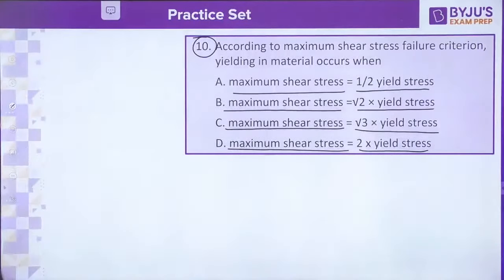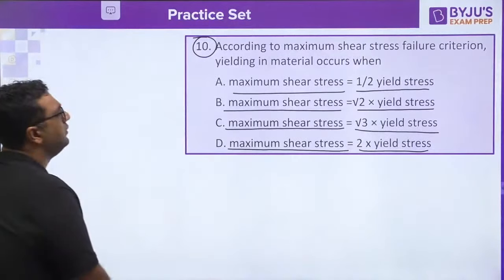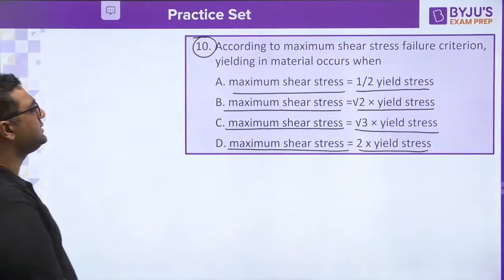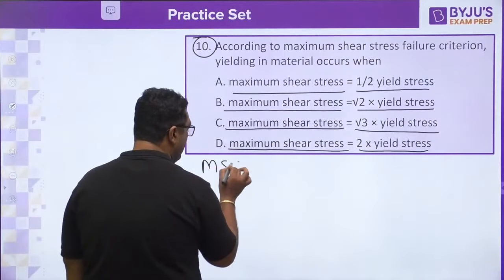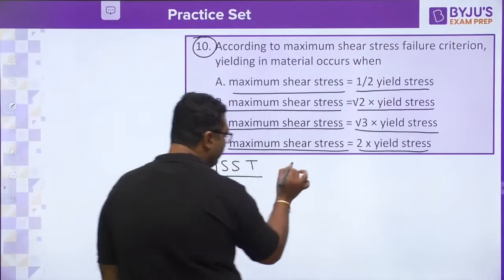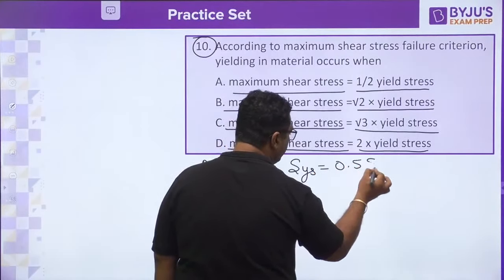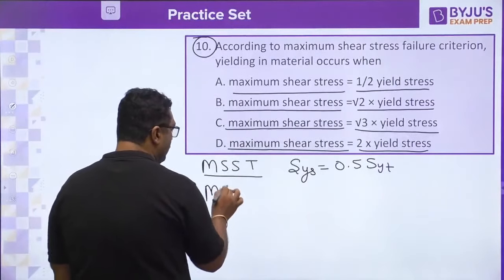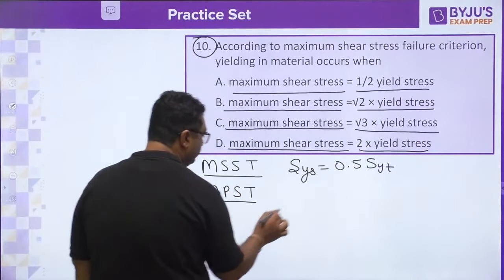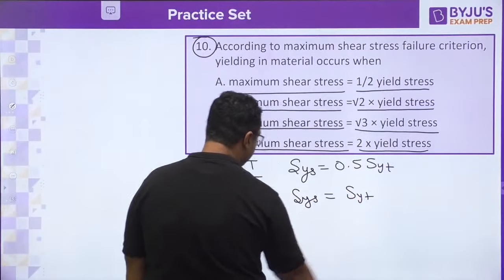According to maximum shear stress theory, you know that according to MSST, SYS is 0.5 times SYT. According to MPST, SYS is equal to SYT.